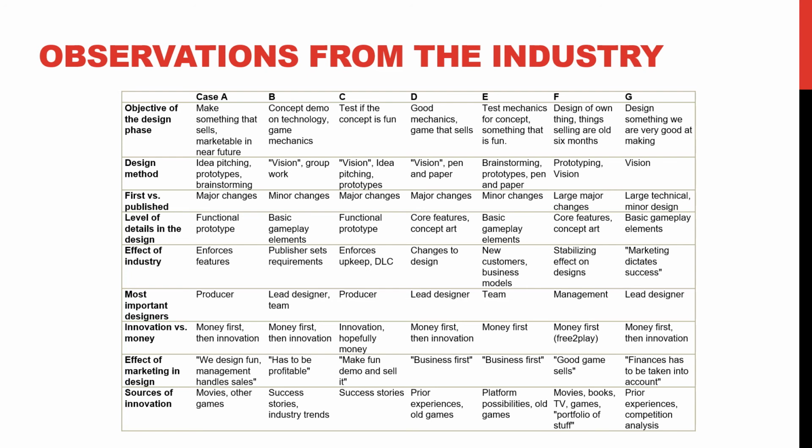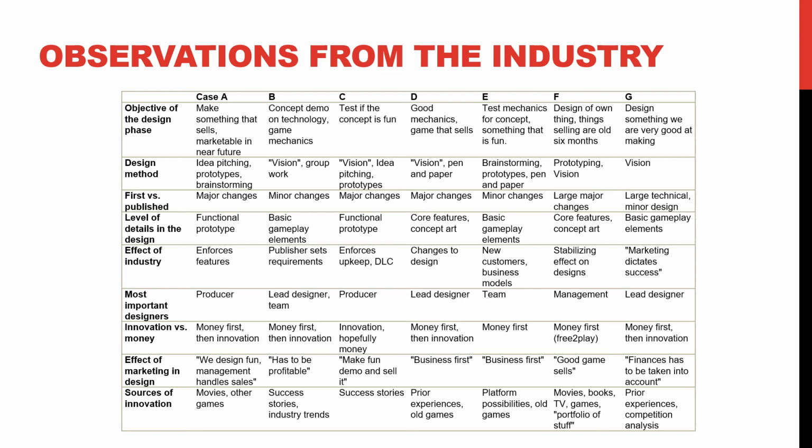And the design method is always idea pitching, prototypes, vision group work, brainstorming, prototypes and vision. So basically, there's no silver bullet here. The idea is to have a core concept or quick abstract, test it out with a prototype, and if it works or seems to work, then we might want to commit to it.